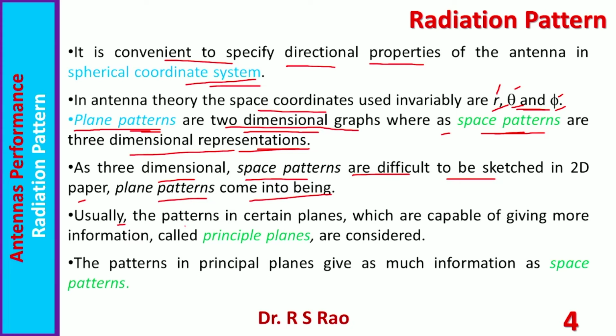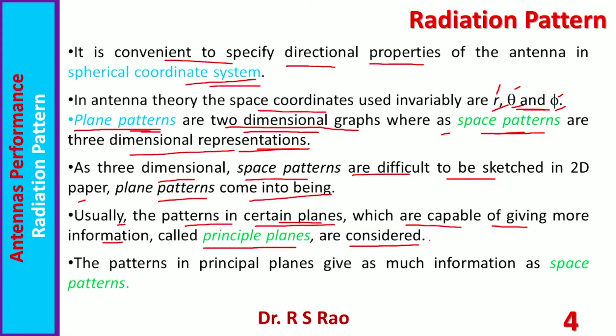Usually, the patterns in certain planes which are capable of giving more information, called principal planes, are considered. So here the point is that the pattern is not considered in any arbitrary plane. Only in certain planes the patterns are considered.